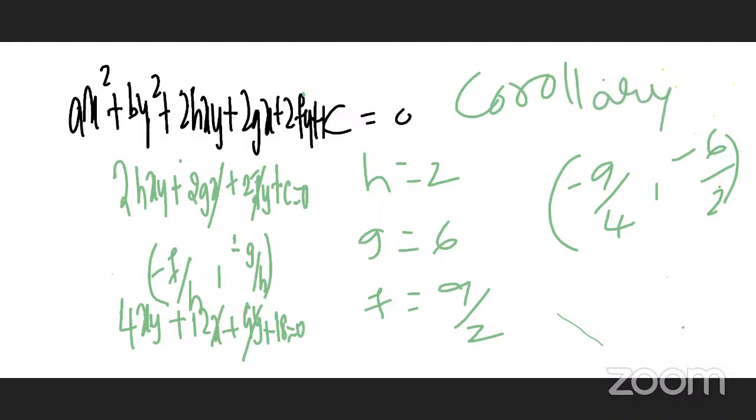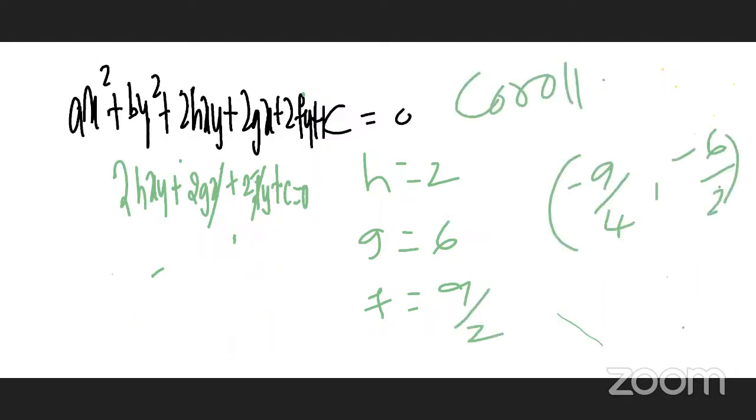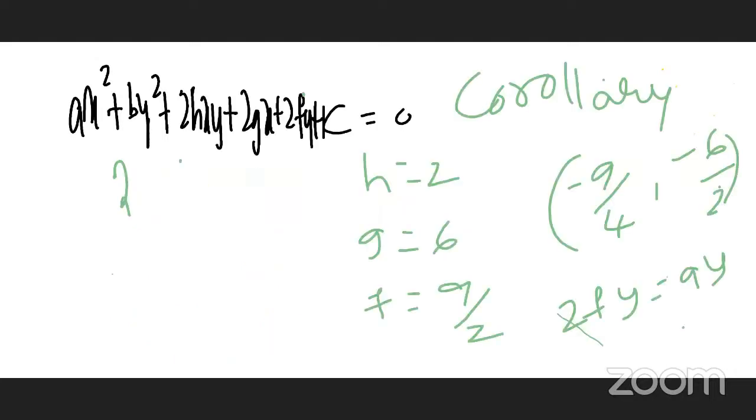Is this clear? These are the first two corollaries of theorem 2. Sir, how is f equal to 9 by 2? 2fy is equal to 9y. I have to write this in the form of 2 into f into y.